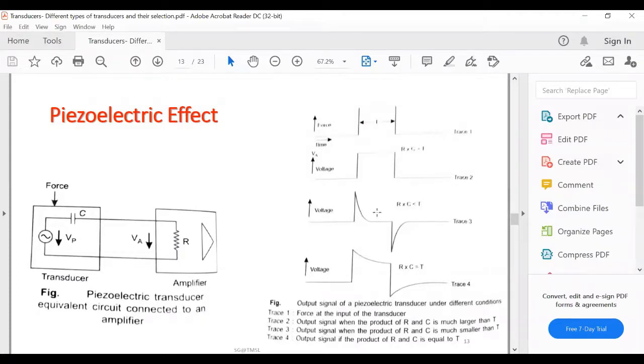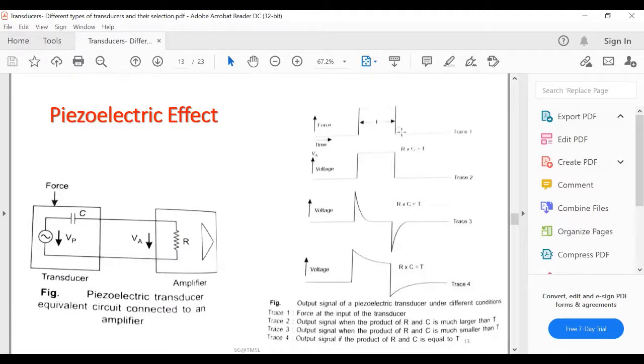And on the right hand side, the trace diagram is there. So basically the first trace, trace 1 here, shows the force applied to this transducer, which after time t is removed.